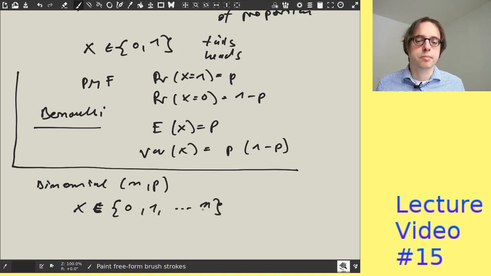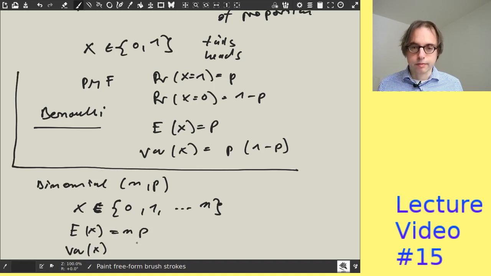So let's say the number of heads can be 0 heads or n heads or anything in between. The mean is n times p, and the variance is n times p times (1 minus p).